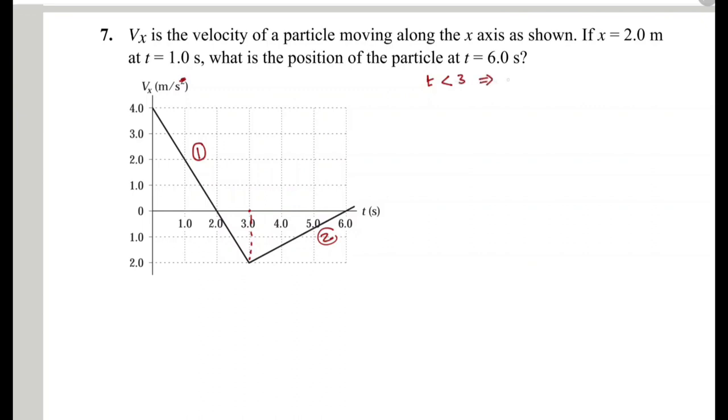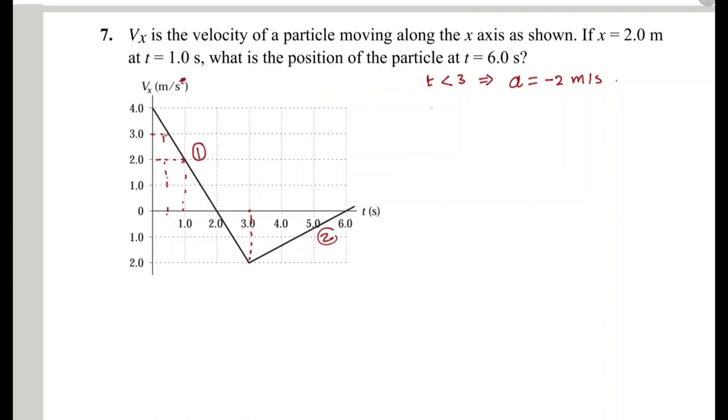In this case, a is equal to minus 2 meters per second squared. Now this is the slope of this line. If we pick 2 points, for instance, we will find that the slope of this line is equal to minus 2.